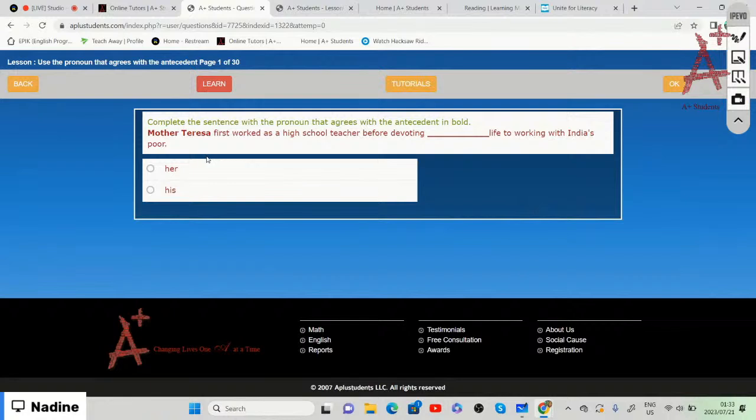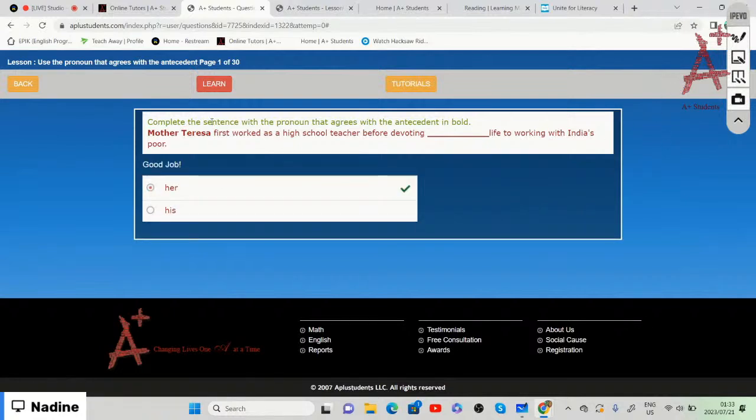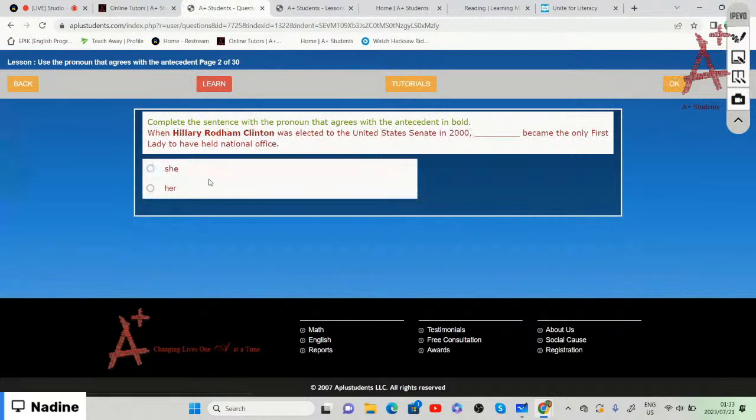Mother Teresa first worked as a high school teacher before devoting her or his life to working with India's poor. We need to choose the correct pronoun that agrees with the antecedent in bold, which is Mother Teresa. So we are going to choose her, right? Because her takes the place of Mother Teresa.